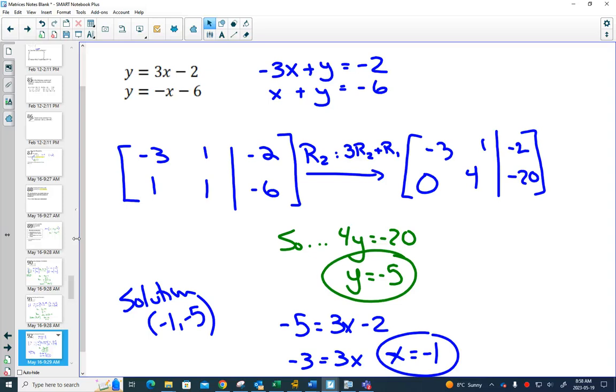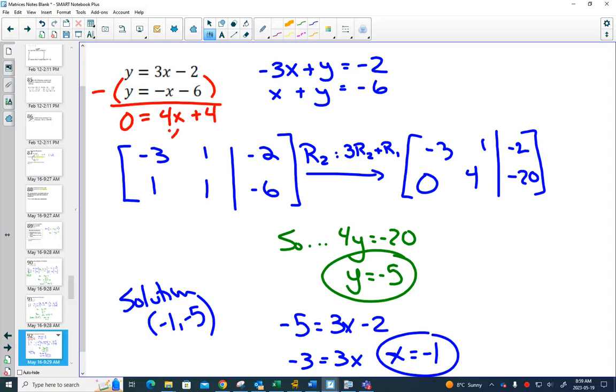Again, if you were using regular elimination, you would have eliminated the y's. In fact, some people in regular elimination, I'll do it here in red, would have just said, oh, let's just subtract right away. Y minus y is 0. 3x minus a negative x, 4x, negative 2 minus 6, plus 4.